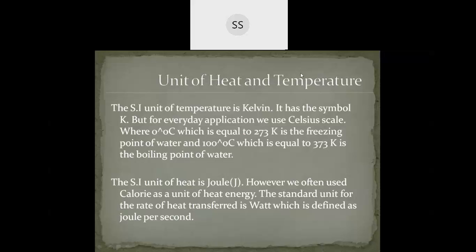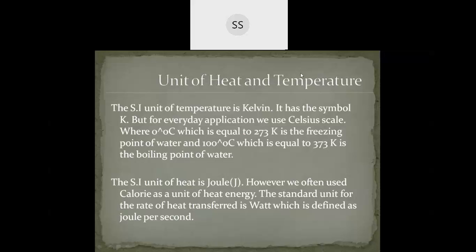So when we measure the freezing point of water in Celsius scale, it is 0 degrees Celsius, and in Kelvin scale, it is 273 Kelvin. Same goes for boiling point also. When we measure in Celsius scale, it is 100 degrees Celsius, and in Kelvin scale, it is 373 Kelvin.